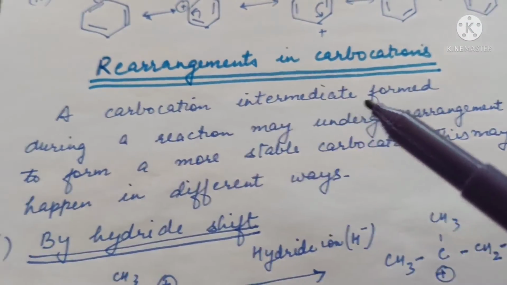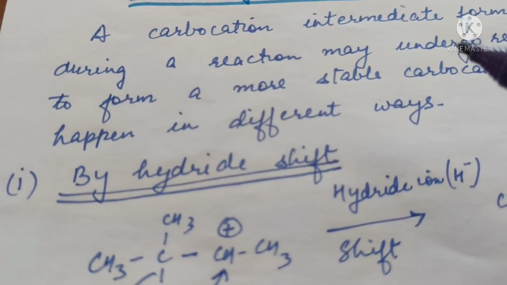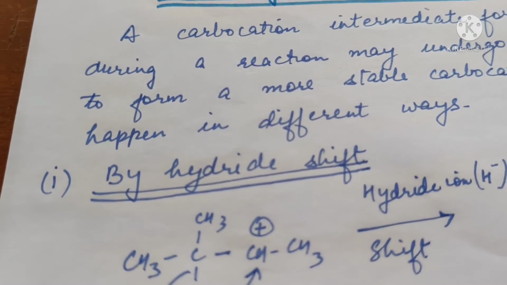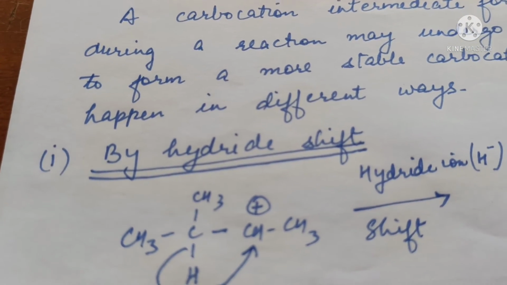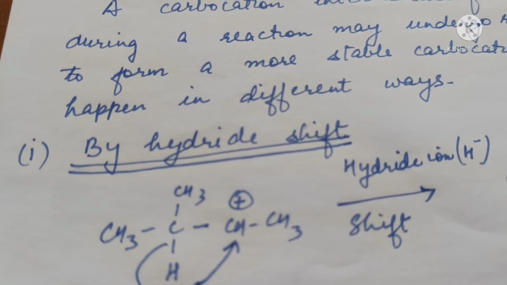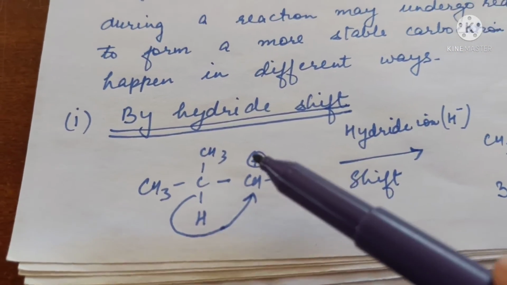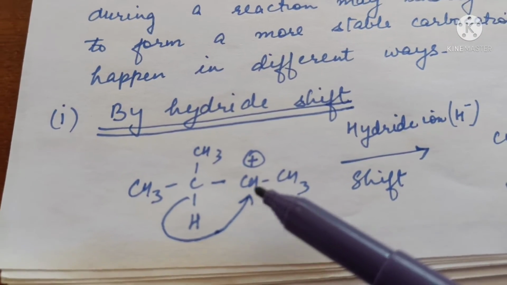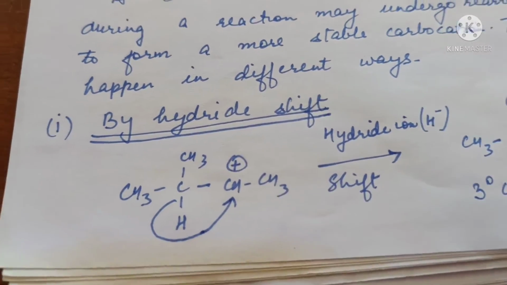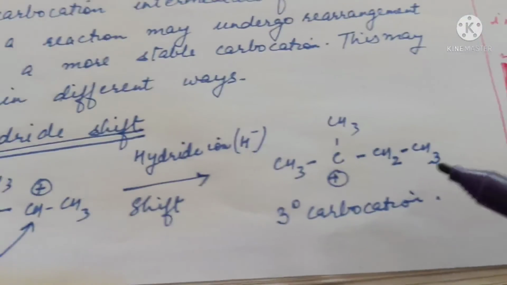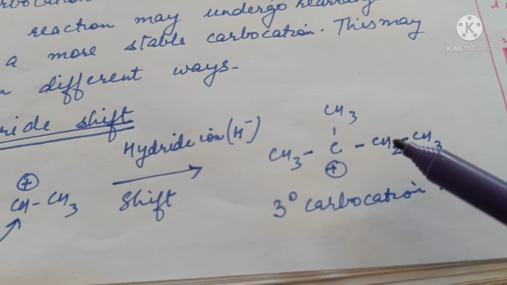Rearrangement in carbocations. As you know, a tertiary carbocation is more stable than a secondary, which is more stable than a primary. So in case a carbocation is formed which is secondary in nature, it will rearrange itself to form a more stable tertiary carbocation.